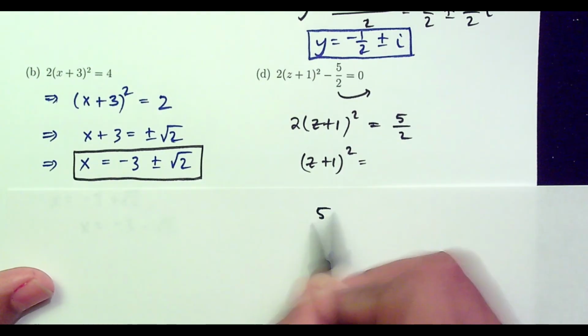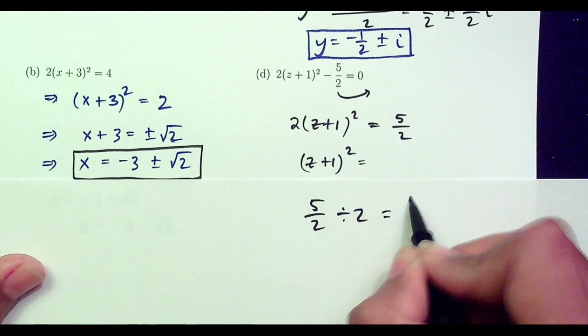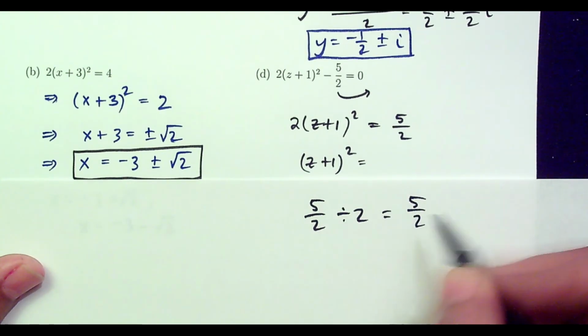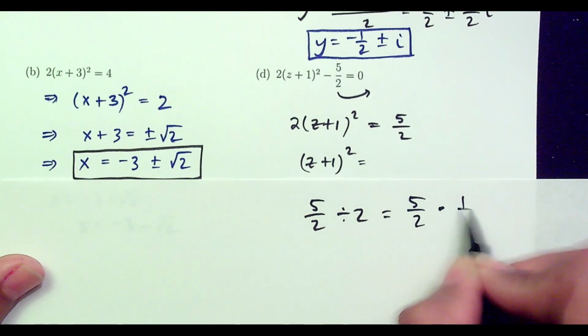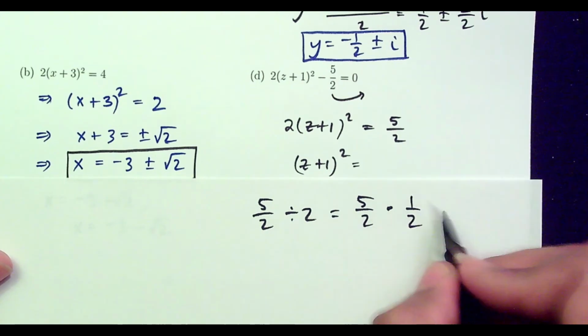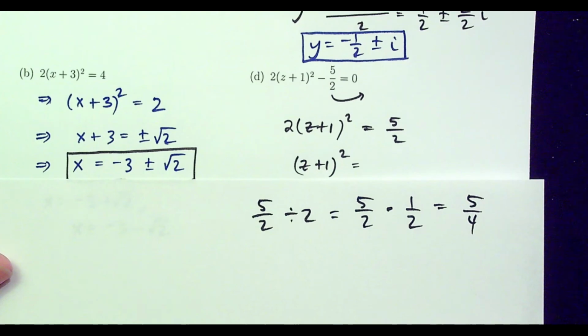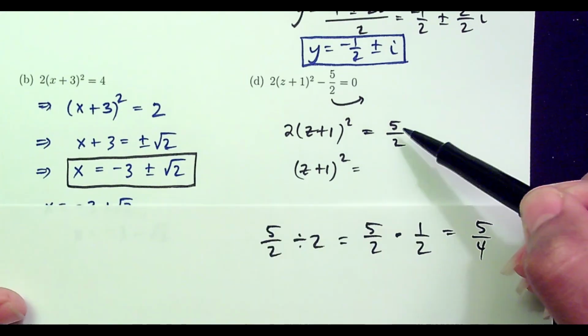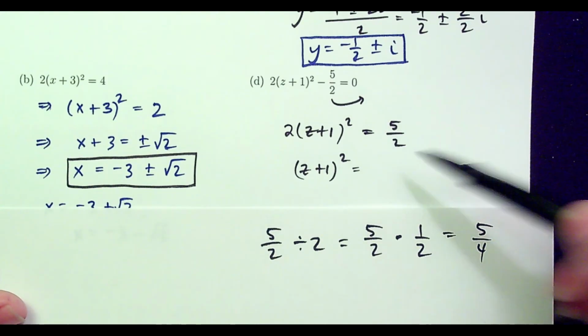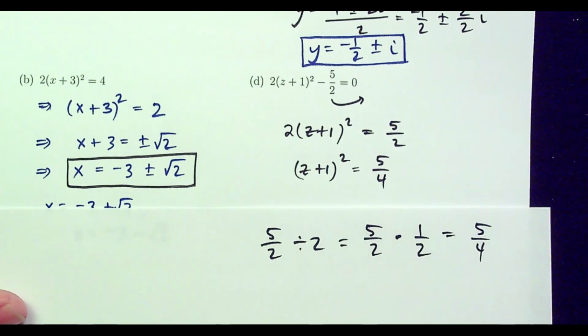Well, dividing by a number is the same as multiplying by the reciprocal. So dividing by 2 is the same as multiplying by half, and then multiplying across, that's 5/4. So dividing both sides by 2 here, 5 halves divided by 2 gives me 5/4.